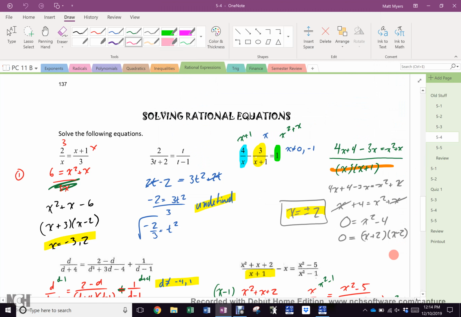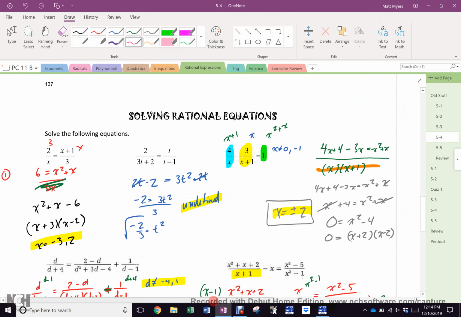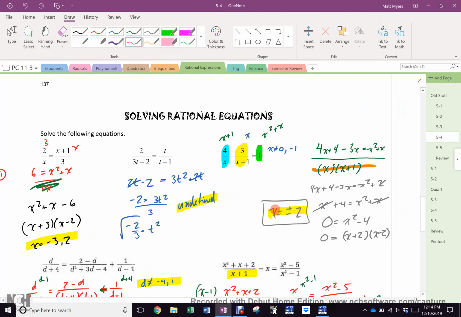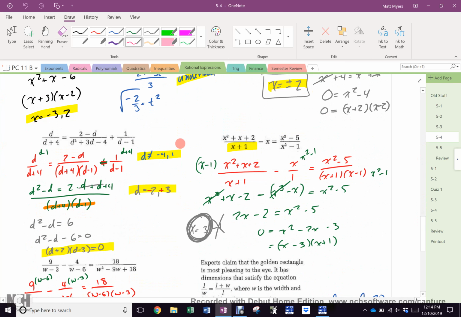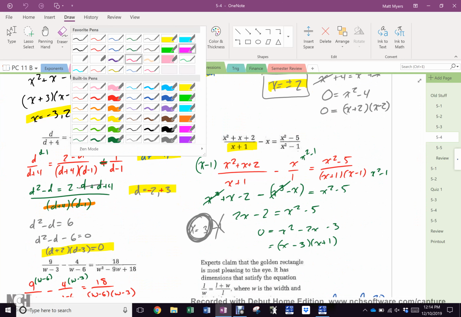All right. There are the first three. Check your work. They're highlighted in yellow. There's the next two. The answers are highlighted in yellow.